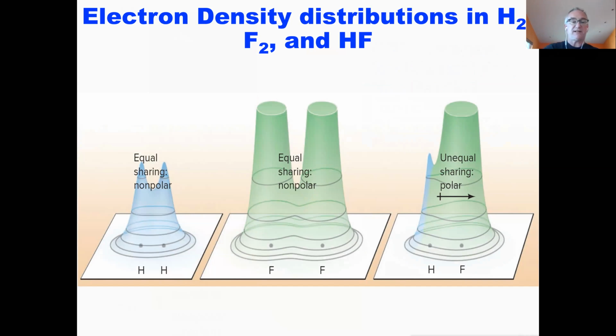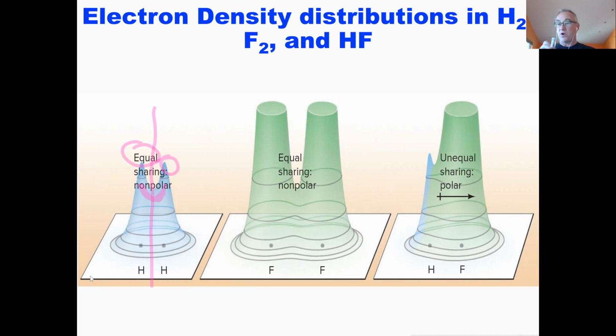If we plot where we're going to find the electrons in a bond between two hydrogens, we're going to find them pretty much equally around both nuclei, and then slightly less in between. But you can see it's completely symmetric. If we made a line right down the middle, we can see that's completely symmetrical. So each atom basically has the same distribution of electrons.